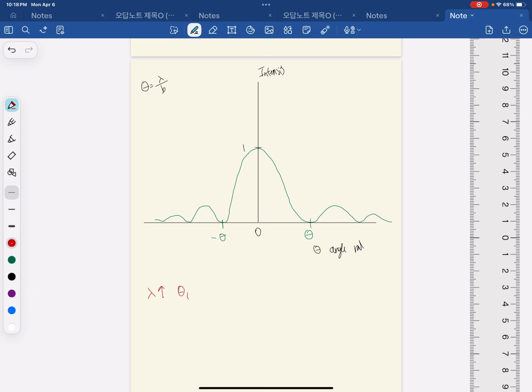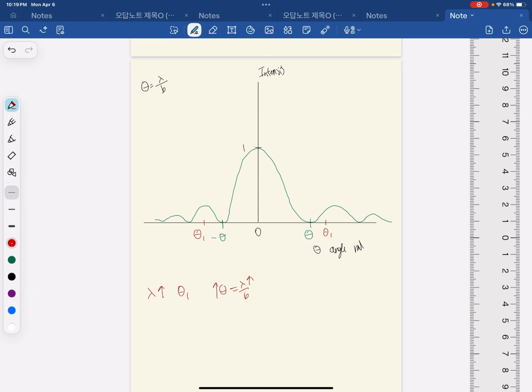If the wavelength increases, theta will increase, assuming that b remains the same. So theta 1s will be plotted a bit further away from what we previously drew.